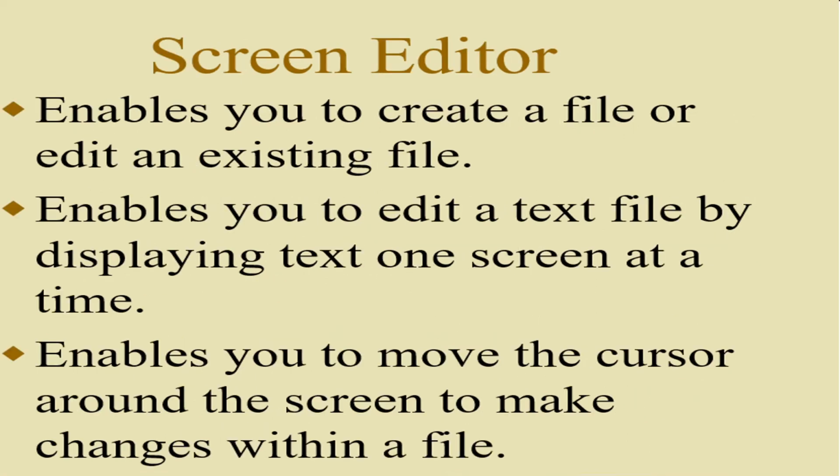Screen editors enable you to create a file or edit an existing file, by displaying text one screen at a time. It enables you to move the cursor around the screen to make changes within a file.